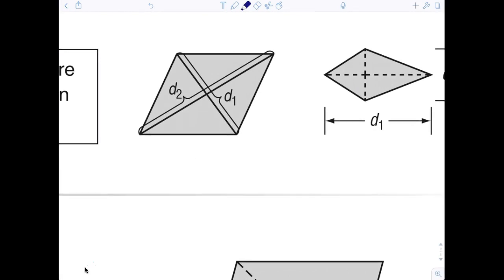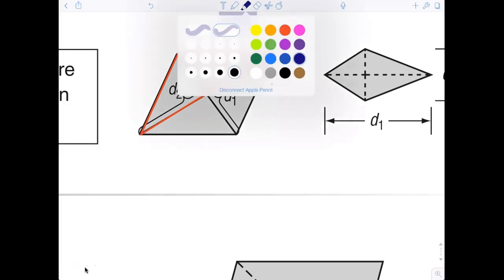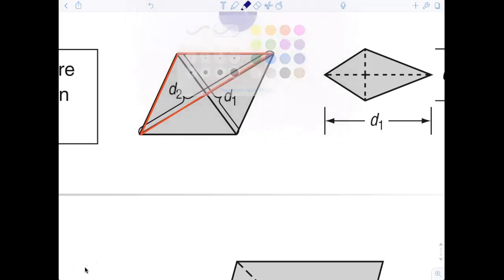Look up. I want to show you this triangle here and this triangle here. Does everybody agree with that? The base, what I'm interested in, try to stay with me for a second.